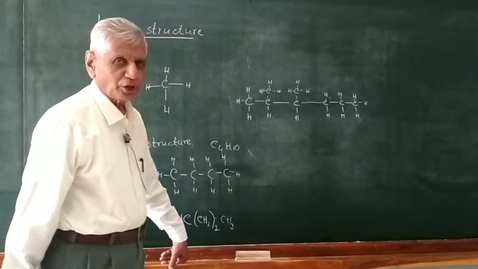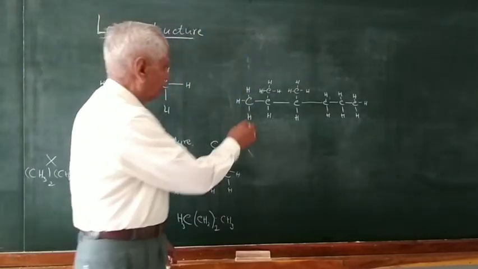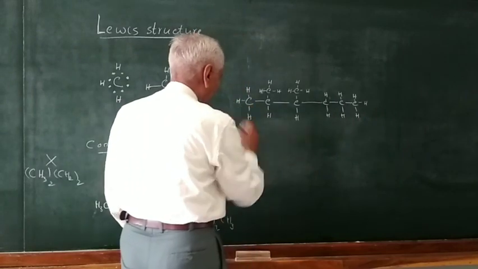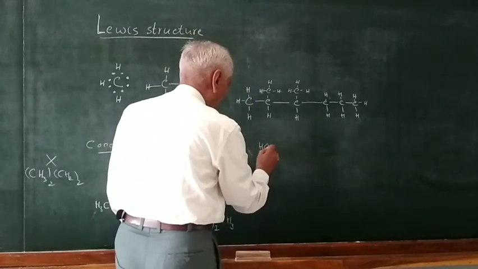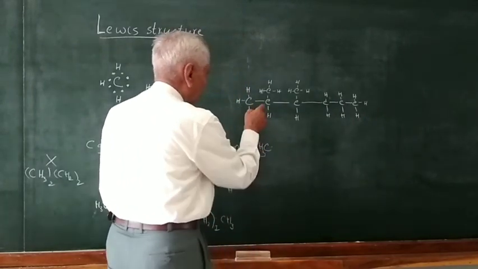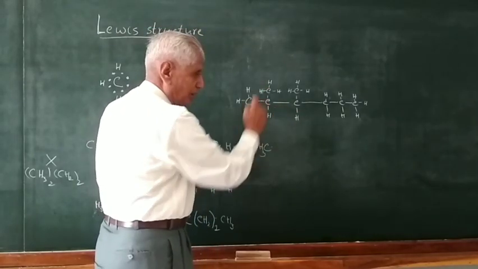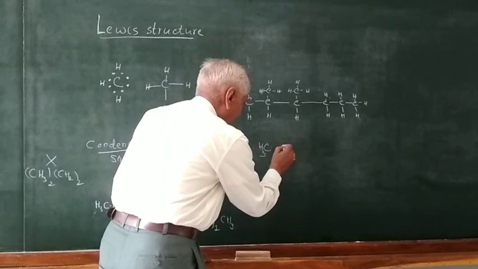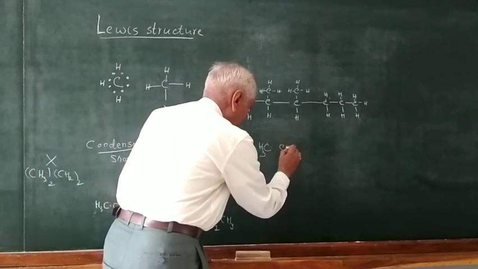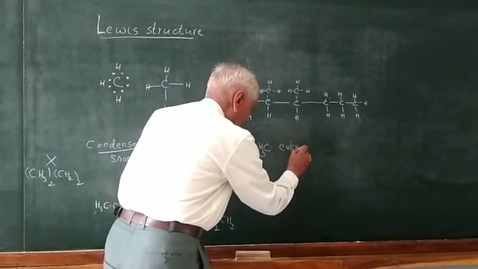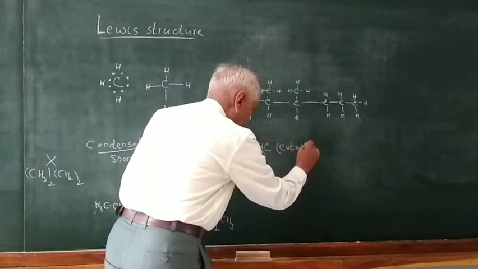How to write the condensed structure? It's the first carbon, last carbon, CH3, CH3. This is a carbon containing H and CH3, H and CH3. Therefore, you can write there CH, CH3 twice.